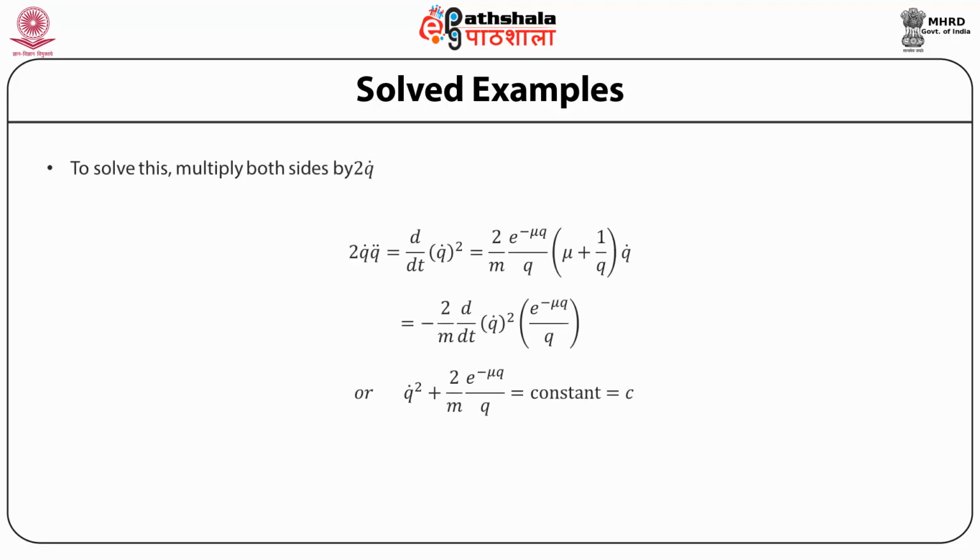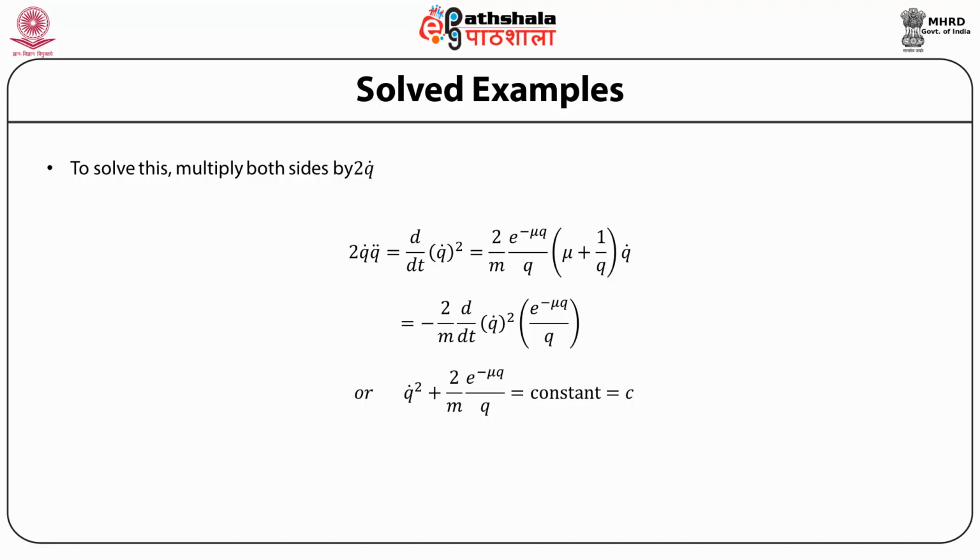Now, in order to solve this equation, let us multiply this equation by 2 q dot on both sides. On the left hand side, we have 2 q dot q double dot, which is the total time derivative of q dot squared.